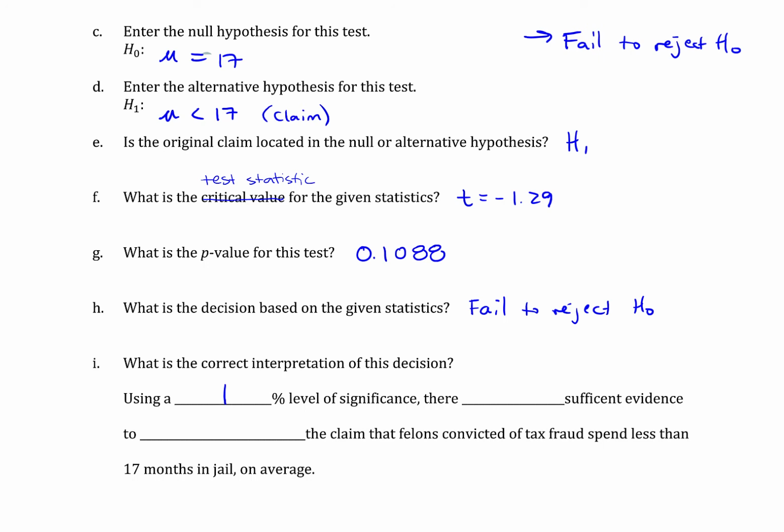If you fail to reject, you're going to use language that's less strong: there is not sufficient evidence to, and this word is either reject or support the claim. It comes down to where the original claim is in the hypothesis. The original claim is in the alternative, just like we stated here. When the claim is in the alternative, we're trying to support it. If the claim is in the null, then we're trying to reject it. There's logic you can use to walk through and show you that, but often it's much easier for students just to memorize a couple of facts and move on.